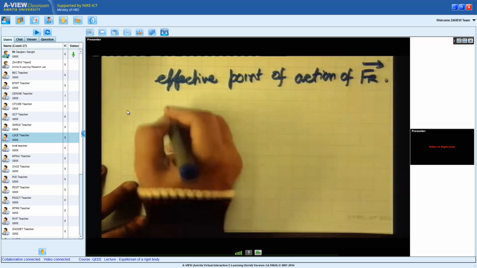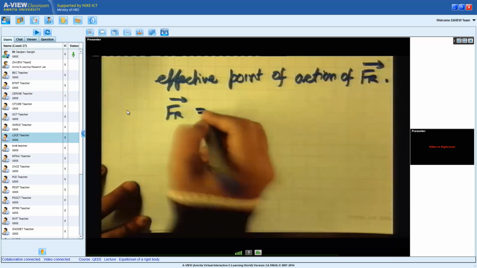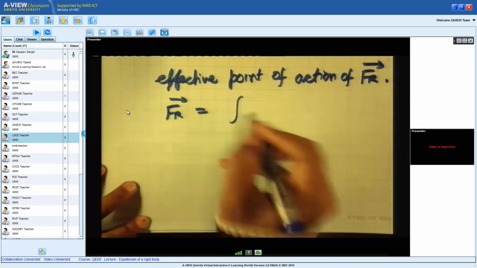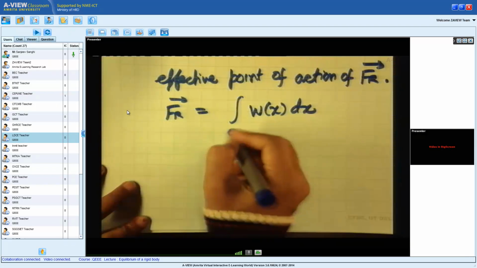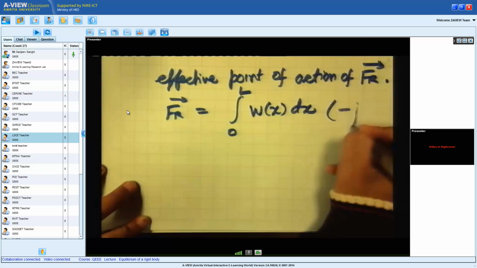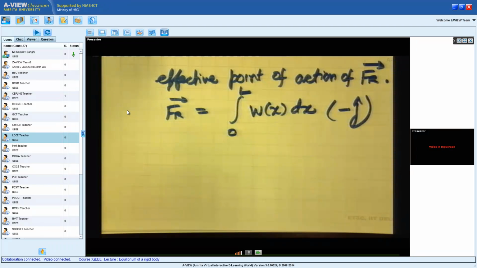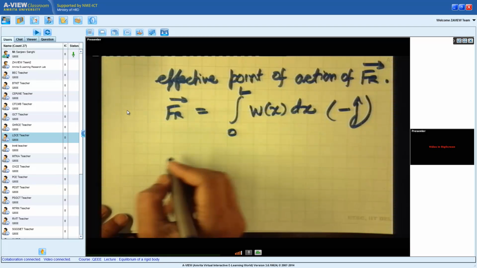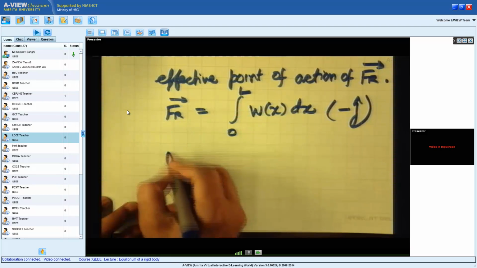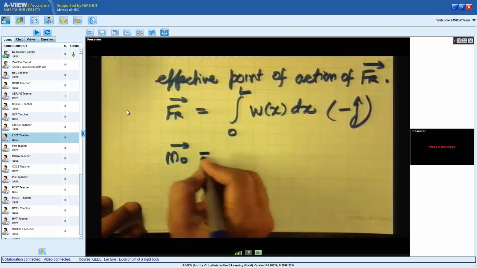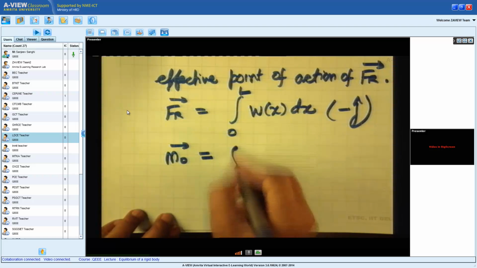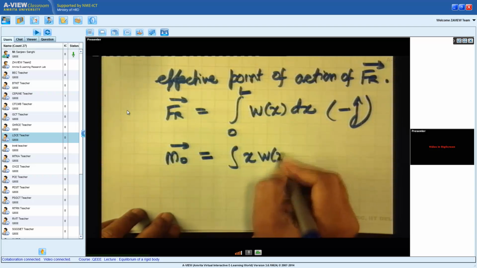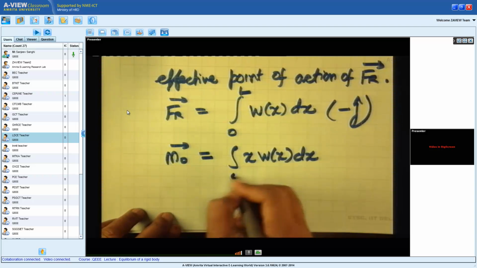First of all, what we found was that the resultant force was equal to integral of w of x dx, x going from 0 to L, and let us say it's a vector, it's in the minus j direction. Now the effective moment we have found out, moment about O, this was equal to integral x w of x dx, x going from 0 to L.